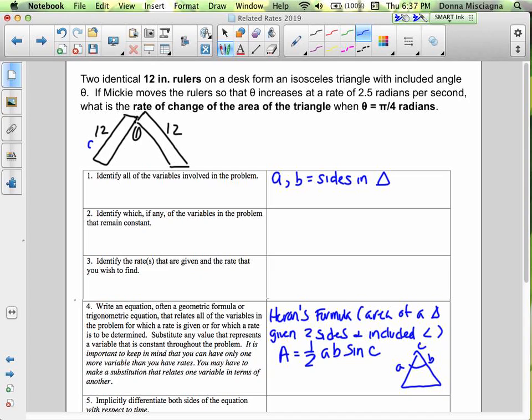One's A, one's B. They're exactly the same in terms of length. Theta is the angle created by the rulers, and we are looking for the rate of change in the area of the triangle.